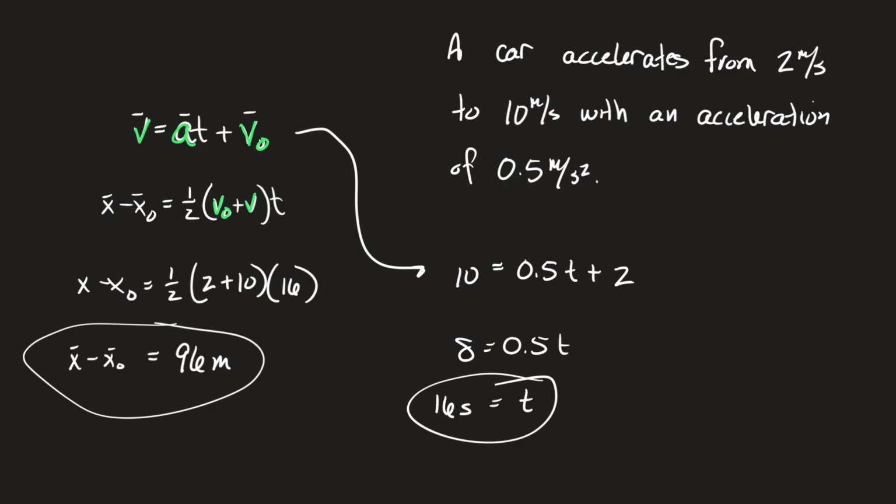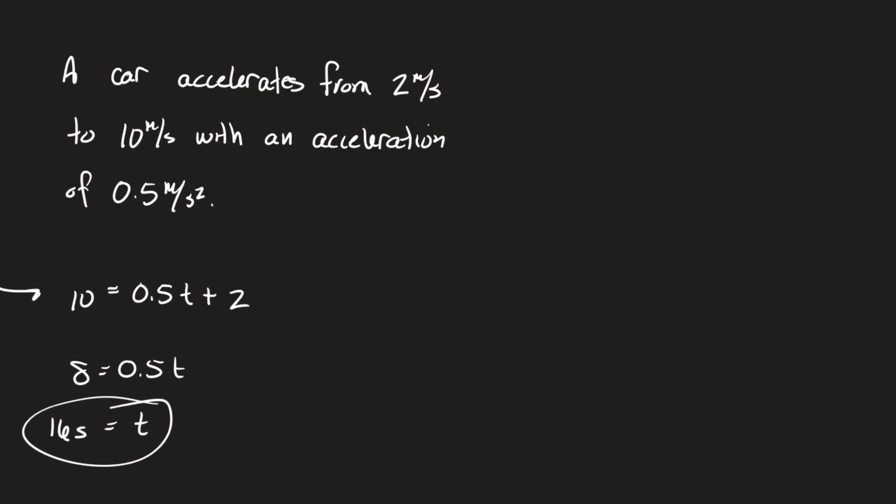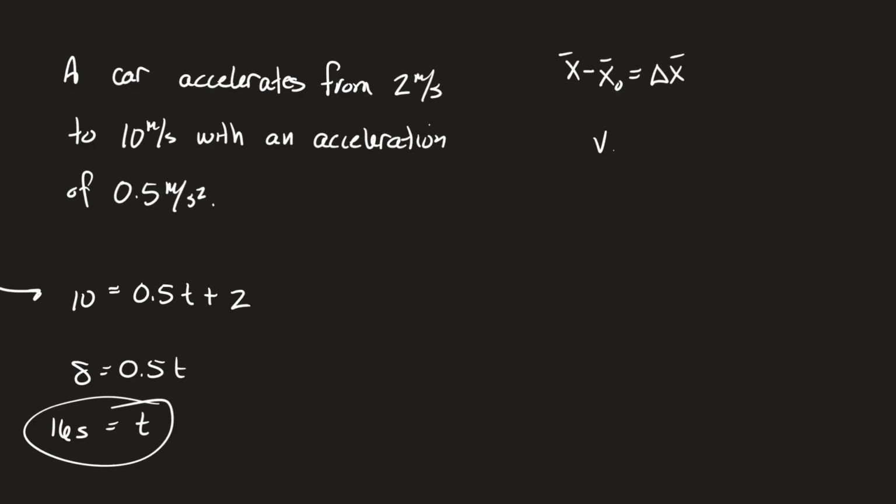Now, one of the things I want you to notice, and this might be harder for all of you, and again, we're just starting, is that these motion problems seem to have the same kinds of things associated with them. There's displacement, which from this point forward I'll write as delta x. There's initial velocity. There's final velocity.